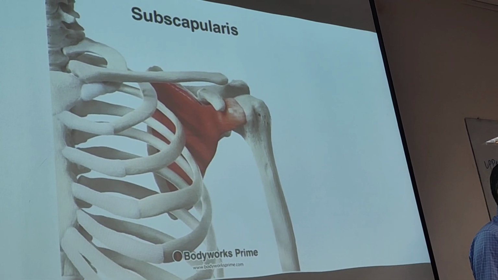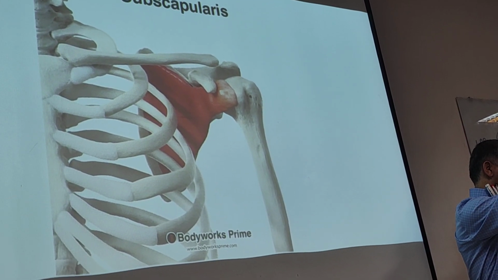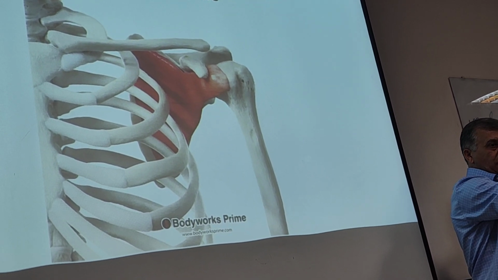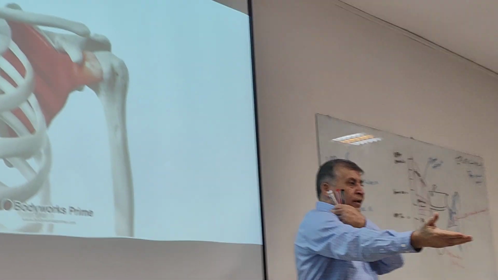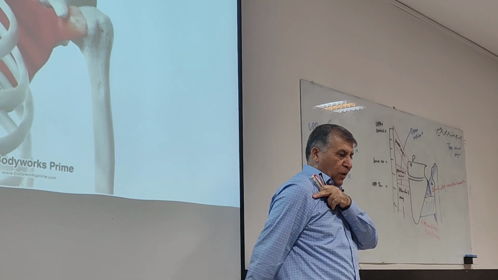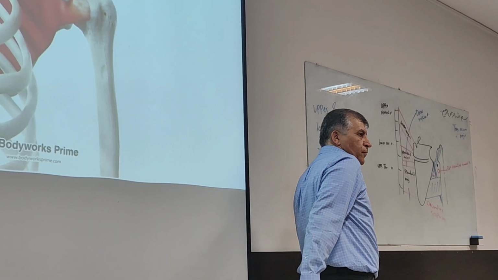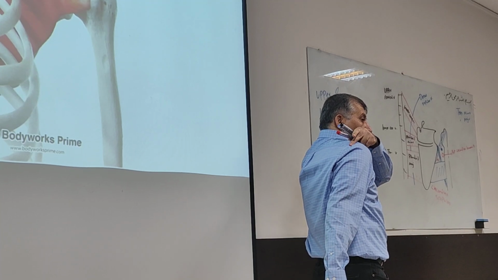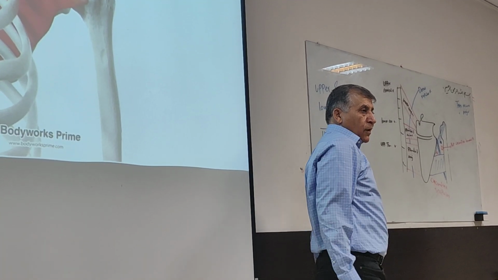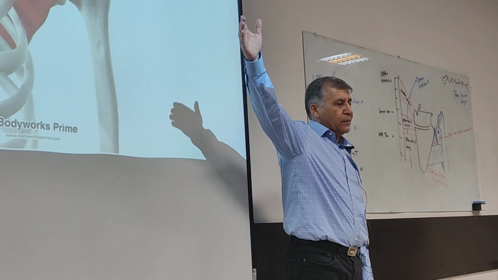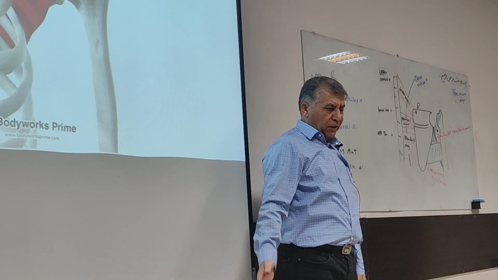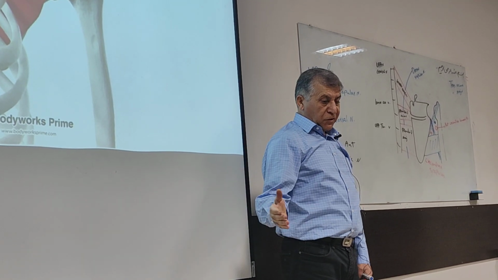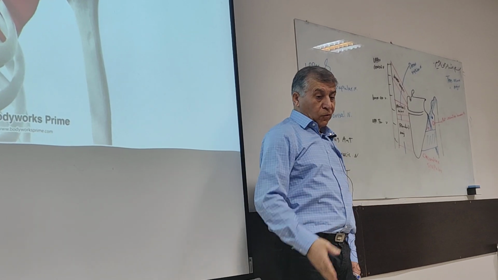Which muscles are involved in this function? This one is shoulder flexion. Which muscles? Pectoralis major and deltoid. This one, latissimus dorsi and deltoid. This one, supraspinatus, teres, deltoid and trapezius. No, this one.